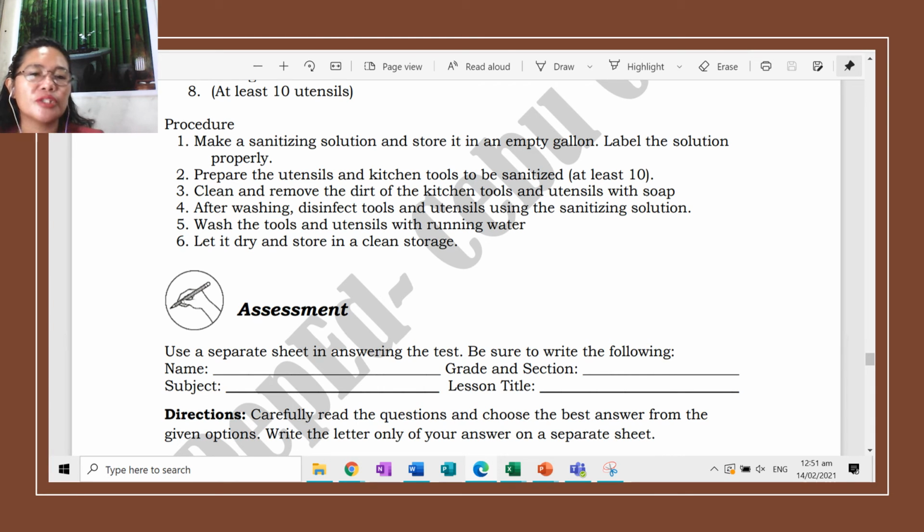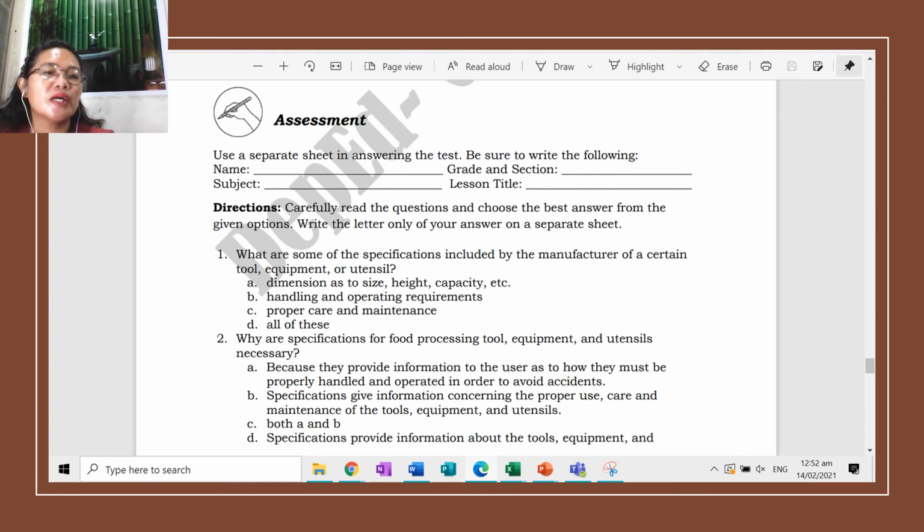Carefully read the questions and choose the best answer from the given options. So write the letter only on your answer sheet, and your answer on the separate sheets. So letter only. Next, number 1.